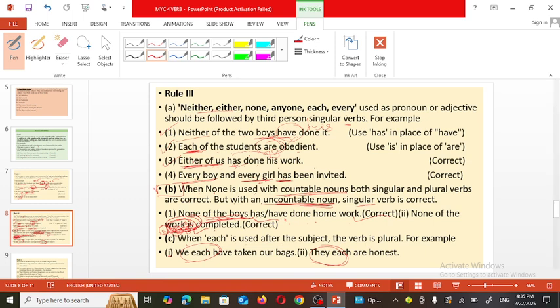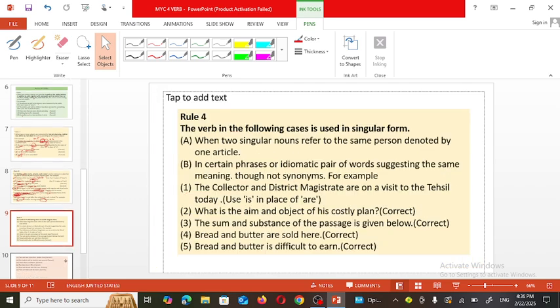Here, when we use each of the students, the word each is used before students, and that's why we must consider it as singular. But when we use the word each after the subject, then according to the subject we have to use the verb, in its plural form. Now see the next example, next rules.